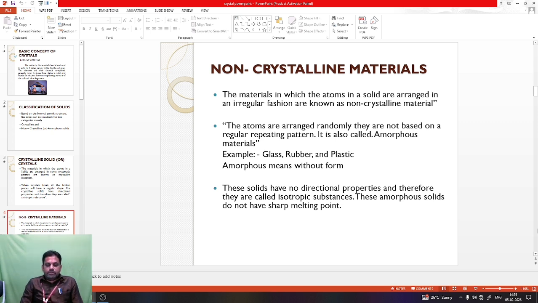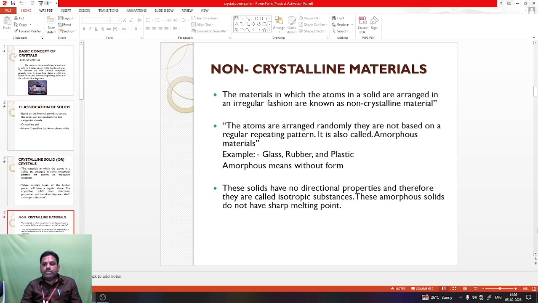But in non-crystalline materials they are not periodic. The atoms are randomly arranged, the molecules are a random combination, and the distance between the atoms or molecules also varies. It is not constant. That is why the atoms or molecules are arranged in an irregular fashion, and these materials are known as non-crystalline materials.